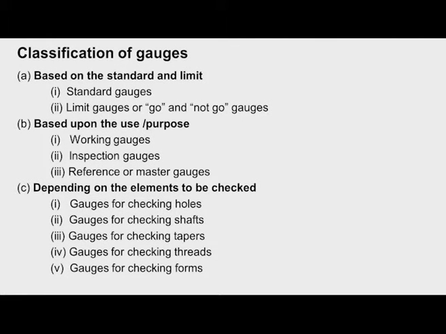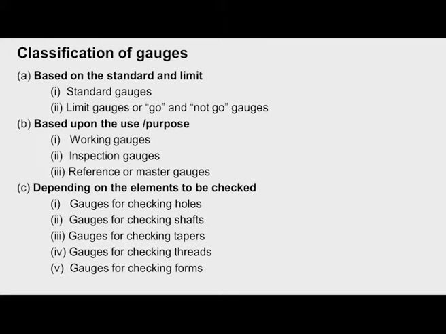Now how are these gauges classified? There are many ways in which these gauges are classified. Based upon the standard, the type of limit gauge, whether it is standard gauge or limit gauge; then based upon the use or purpose, whether they are used as working gauges, for inspection purpose, or as reference or master gauges.